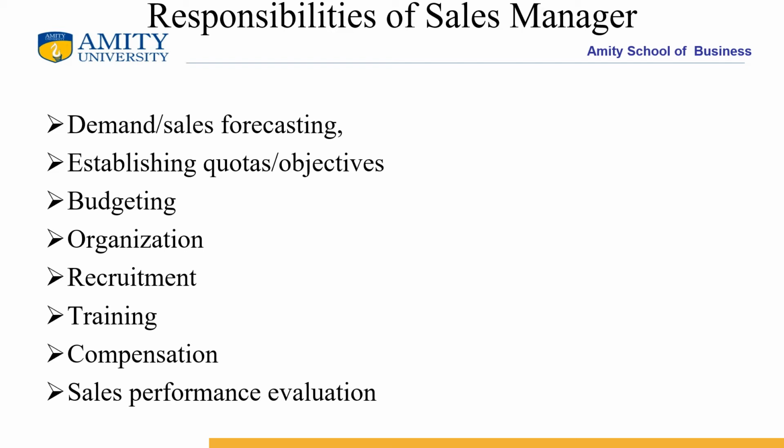He also looks at what should be the organization chart, what should be the hierarchy, and how many levels one should have in an organization for effective selling techniques. He also looks after recruitment, training, compensation, and simultaneously evaluating the sales performance.